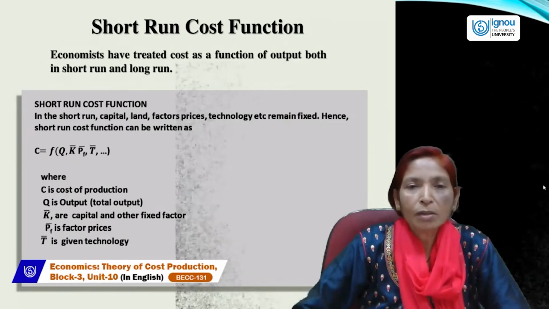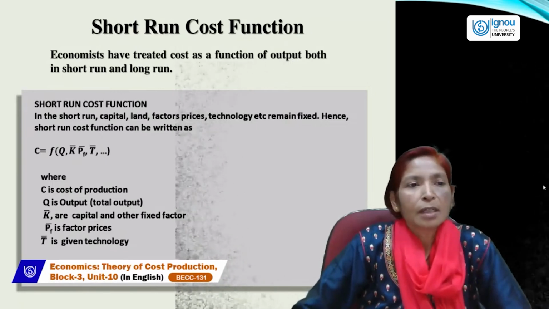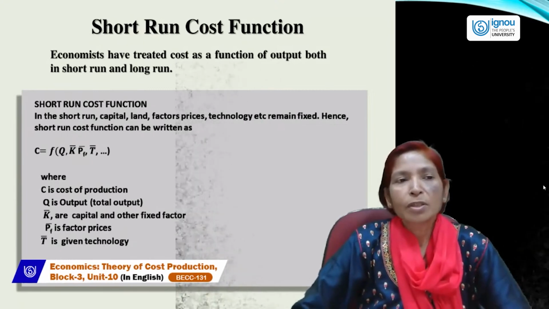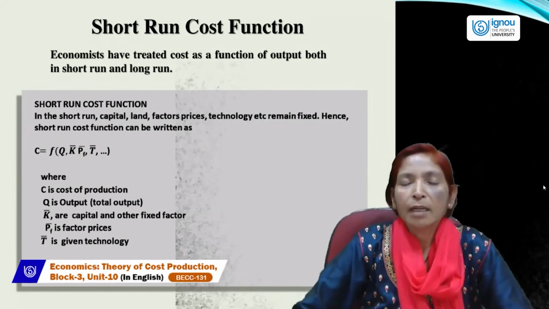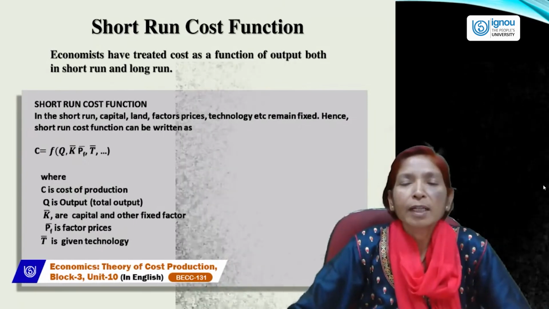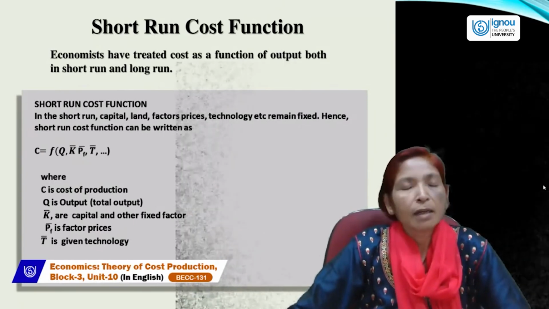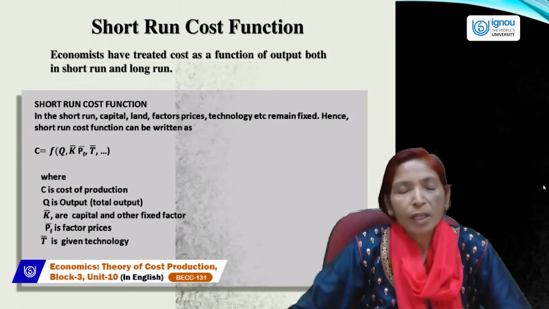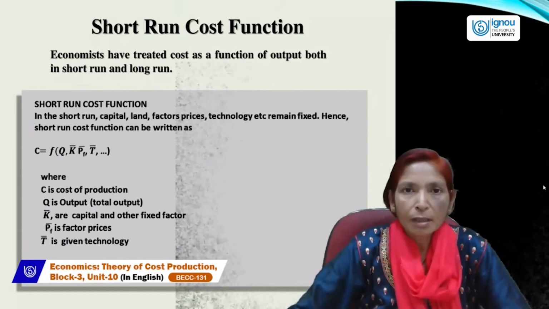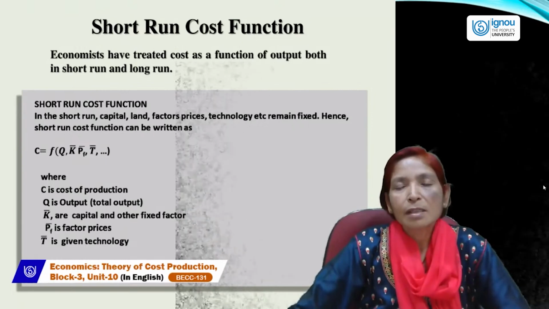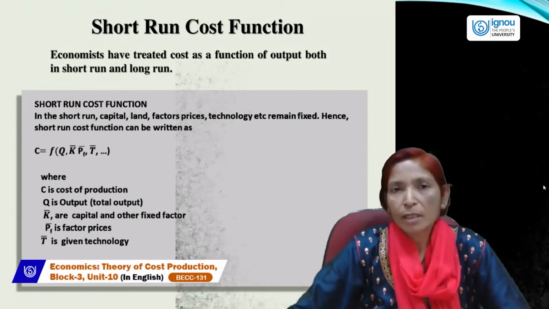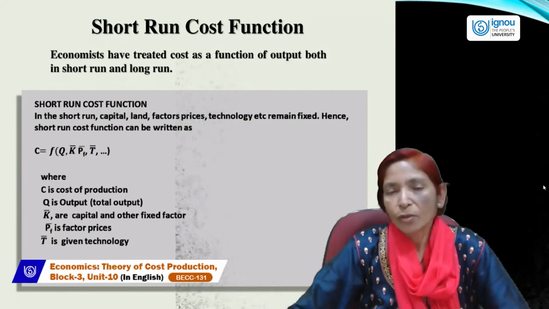Economists generally treat the cost function as a function of output both in the short run and in the long run. But we know that in the short run, some factors remain constant and others are variable. So we cannot change fixed factors in the short run. If we want to increase the output level, then we can change only variable factor units, not the fixed factor units.